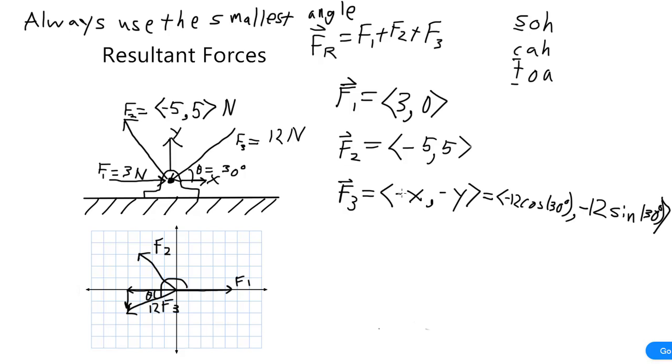So technically you wouldn't need these negatives at all, but I want you to always use the smallest angle possible, so you don't have to fall for this. I wouldn't say it's a trap, but just use the smallest angle possible, because sine and cosine are positive in the first quadrant. If you have the smallest angle possible, then you just get your negatives from the direction of the vector, and that's pretty easy as you saw right here. It's heading in the negative x direction, put a negative in front. If it's heading in the negative y direction, put a negative in front of the y component.